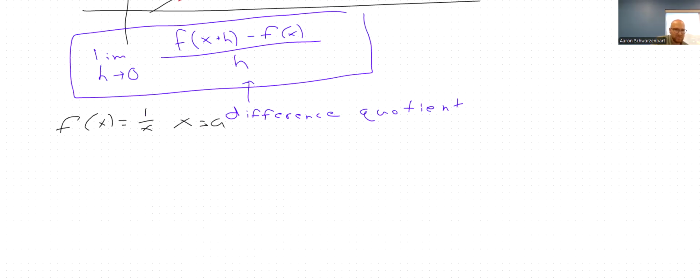So limit as h approaches 0 of 1 over a plus h minus 1 over a, all over h. To do this, I need a common denominator. To get the common denominator, I multiply each one by the other's denominator.